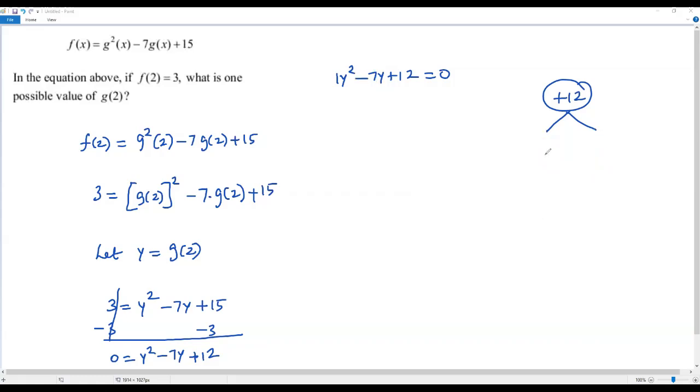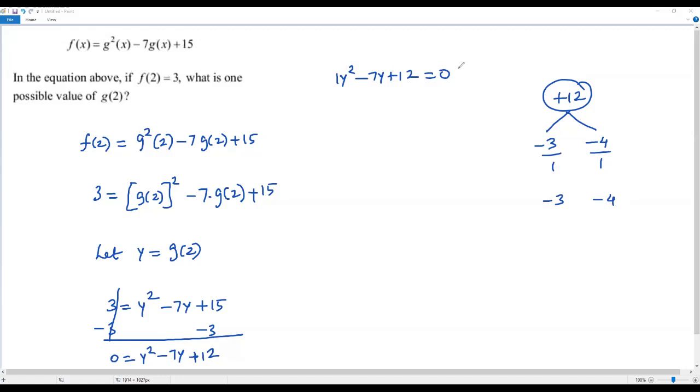I think negative 3 and negative 4 will work. When I multiply negative 3 and negative 4, I am getting positive 12. When I add negative 3 and negative 4, I am getting negative 7. That's the coefficient of y. Further, I have to divide both these factors by the coefficient of y squared, that is 1. Even when I divide negative 3 and negative 4 by 1, I'm still getting negative 3 and negative 4.